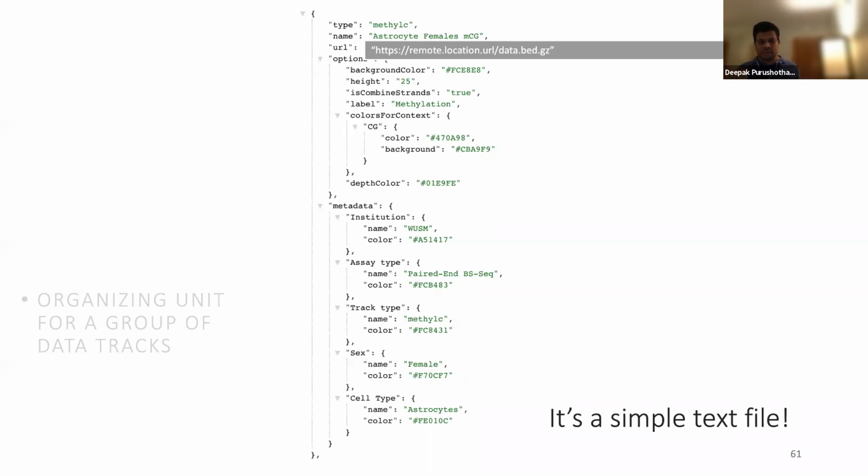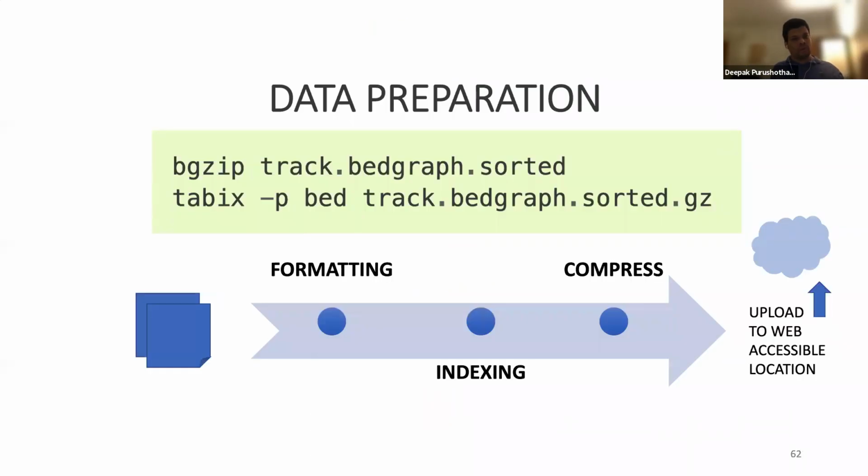file format called JSON, and you can describe what track, and you can describe all the metadata that goes with that track, and data specifically. If you have your own data, if you want to use your own data against the backdrop of the public data, there is a data preparation protocol.